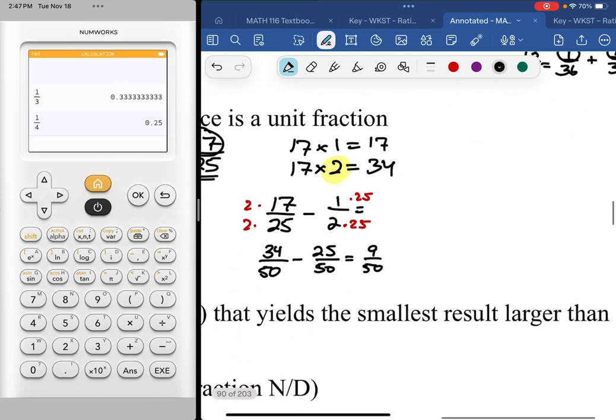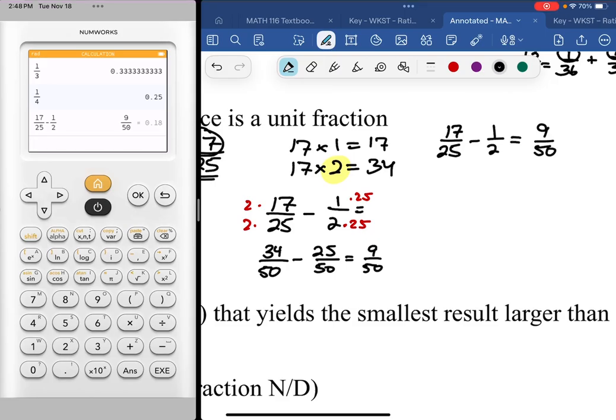Now, I recognize that calculators exist, so feel free, instead of showing the stuff about getting a common denominator, to just pop it into a calculator. Either way would be fine, but we need 17 over 25 minus 1/2 is equal to 9 over 50, which is not a unit fraction.